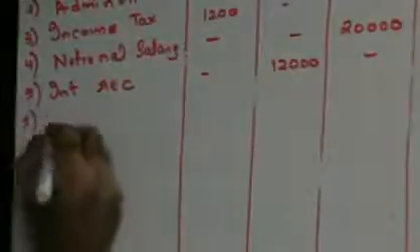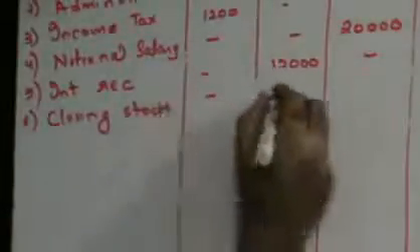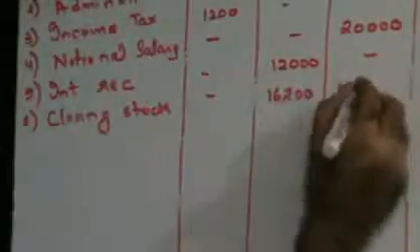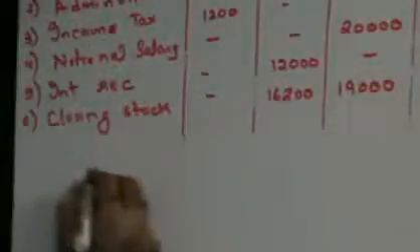Next, closing stock. Closing stock as per financial books is 16,200. Closing stock comes in the P&L account on the credit side, whereas as per cost books it is 19,000. Right?